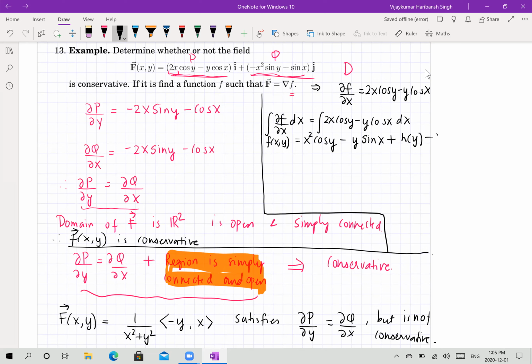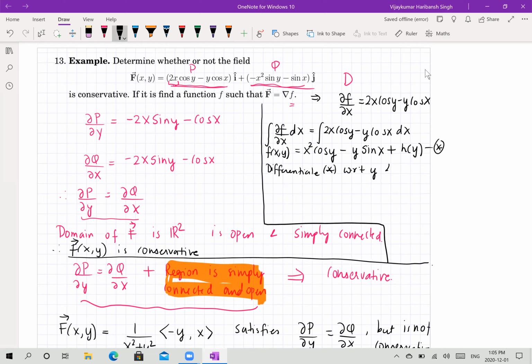Now differentiate star with respect to y and compare with ∂f/∂y coming from the vector field. So this part here is your ∂f/∂y.